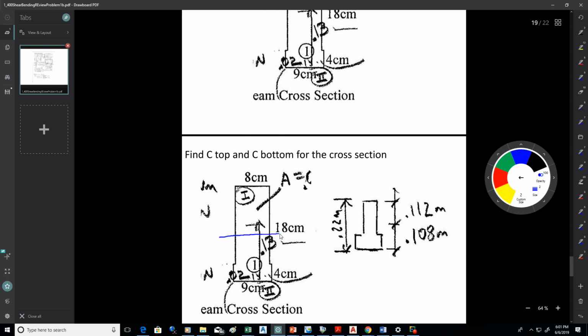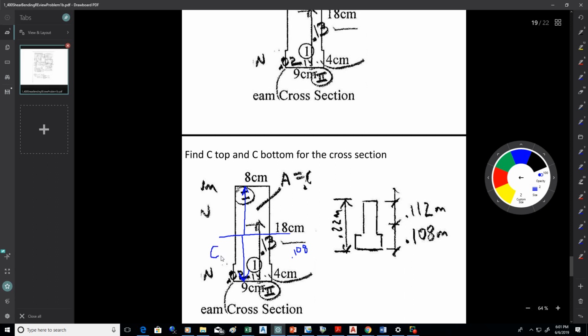Now again, we've got our neutral axis here. We're going to want to find our C values, which are the distances from the neutral axis to the edge of the beam. We've got 0.108 for the height of the centroid of the entire beam, and that's where the neutral axis is. So C going down to the bottom will just be 0.108.